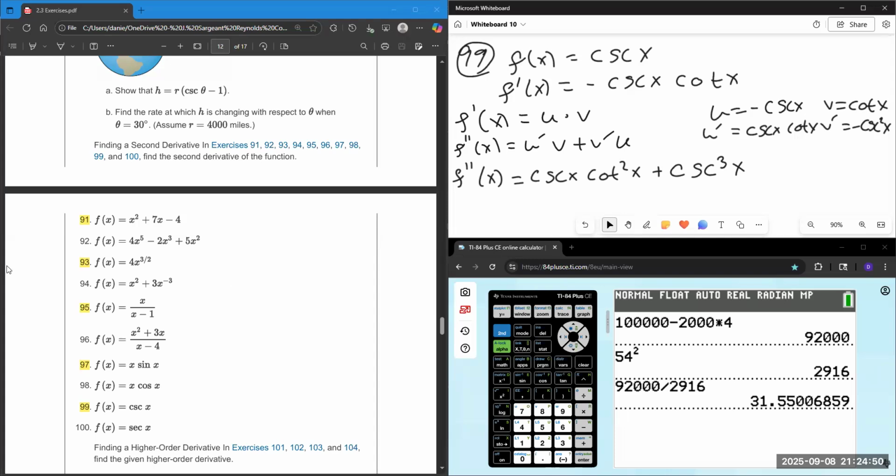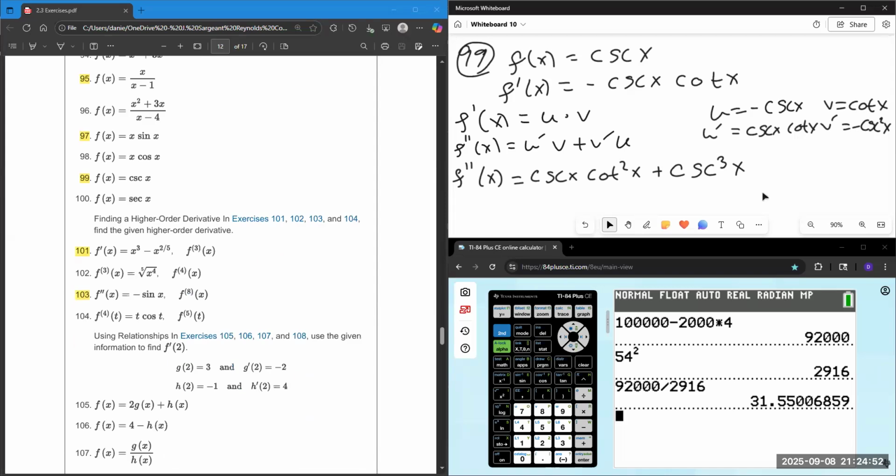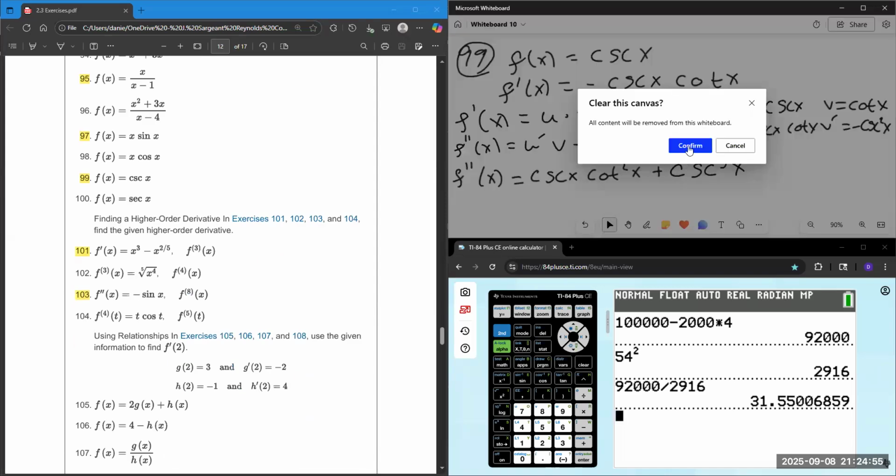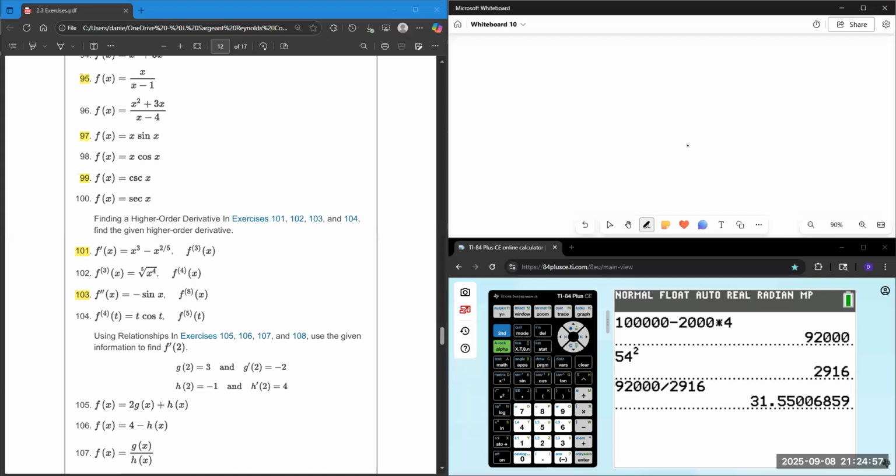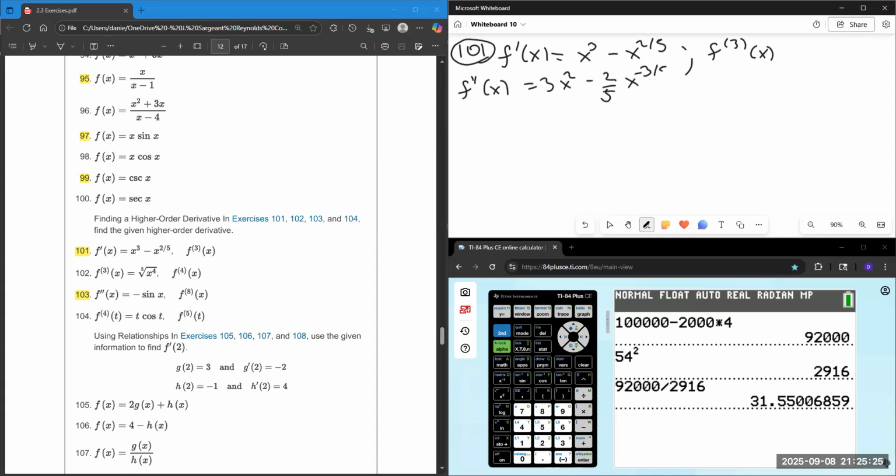Let's look now at the next one, which is 101. We want to find higher order derivatives, given the first derivative here is x cubed minus x to the 2/5. We want to find the third derivative. So let's find the second derivative, which is 3x squared minus 2/5 x to the negative 3/5.